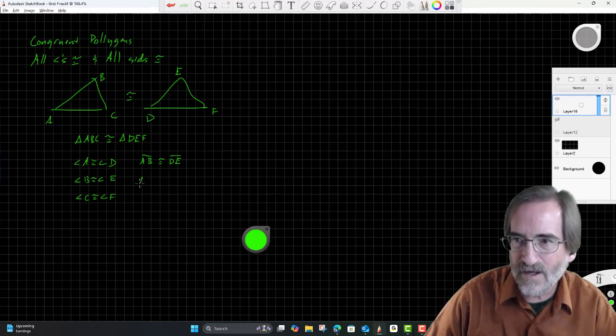Side AC is congruent to side DF. And side BC is congruent to side EF.